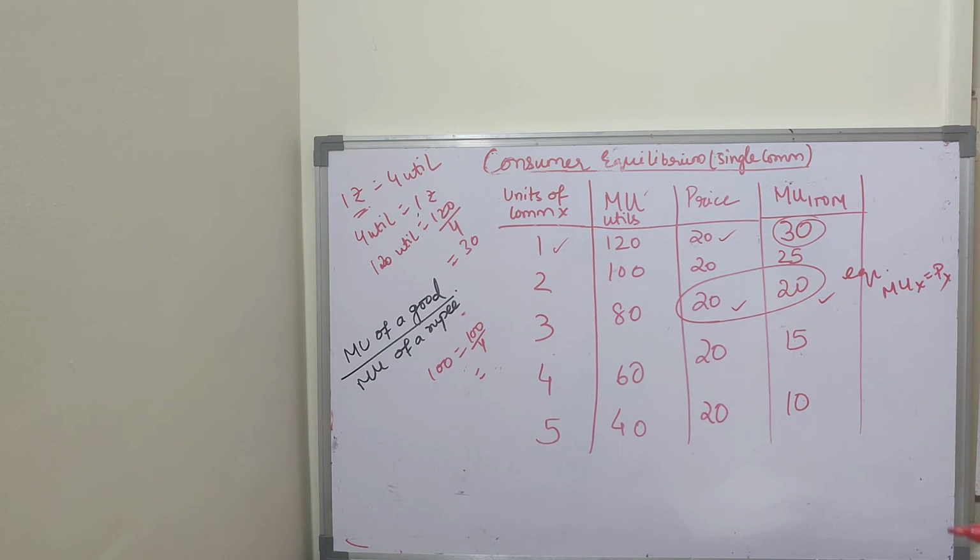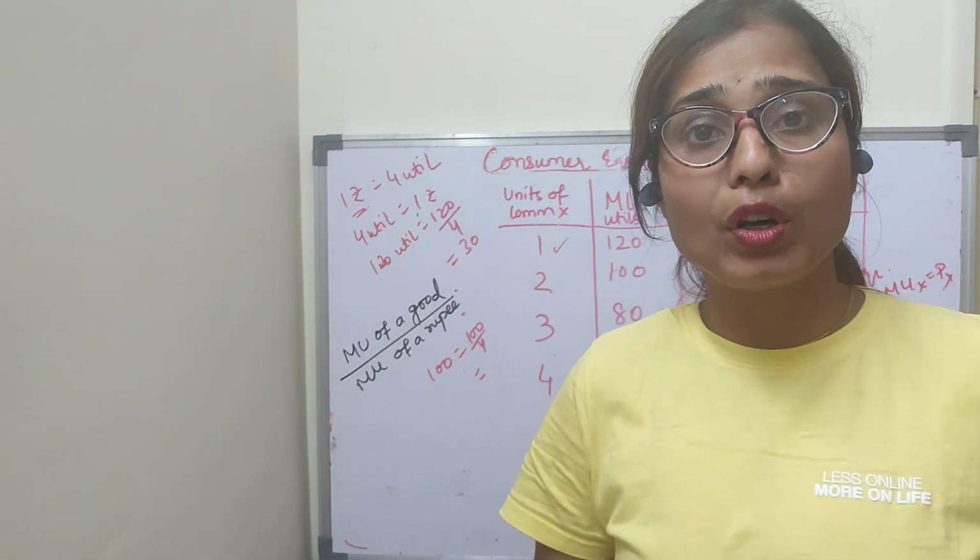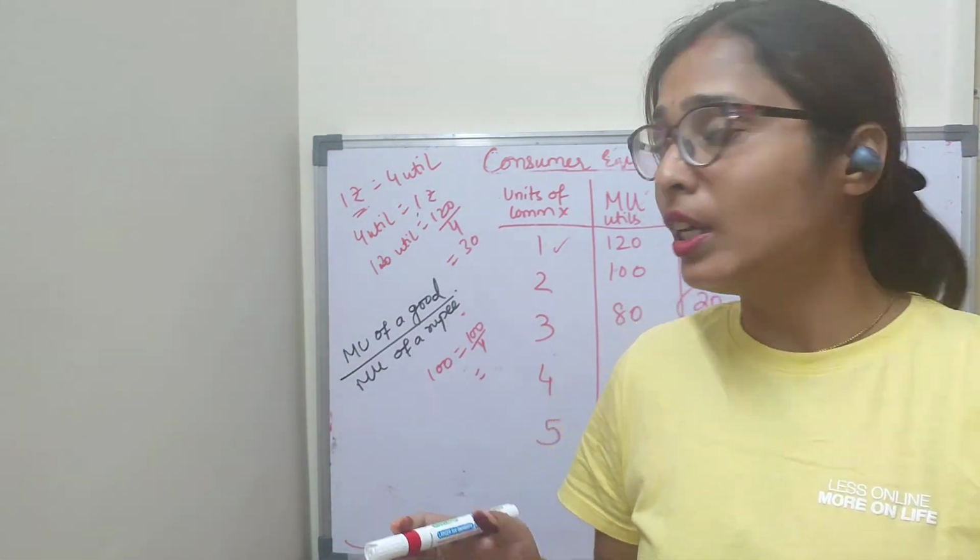So always remember that the marginal utility of money is constant here, and it is a measuring rod for a rupee worth of satisfaction.